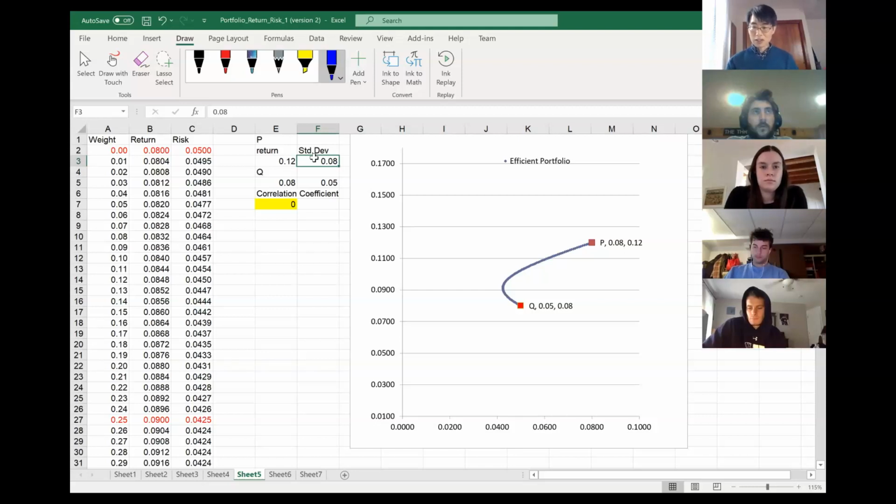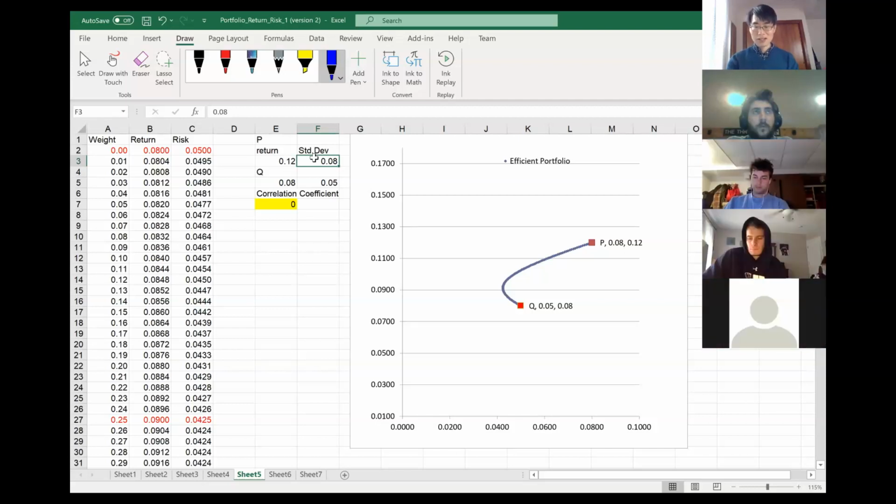The chart that you see here has two axes, right? So the horizontal axis is the risk, and the vertical axis is the return. Okay, so as we move to the right, the risk of the asset increases, right?